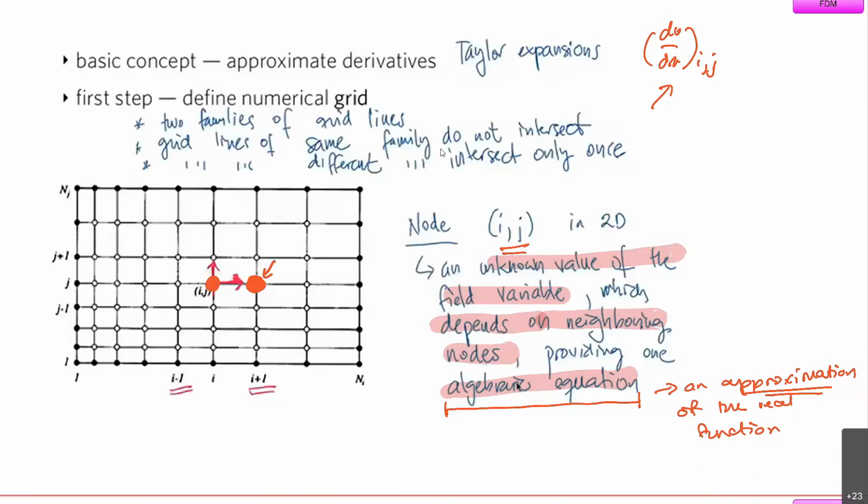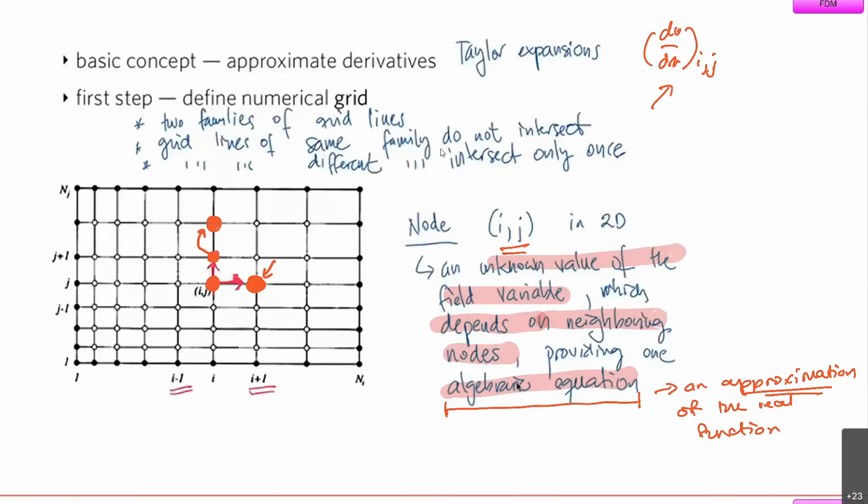For the y component, if we want to get this value, then we can use the neighboring values to get it. So that's the gist of the finite difference method.